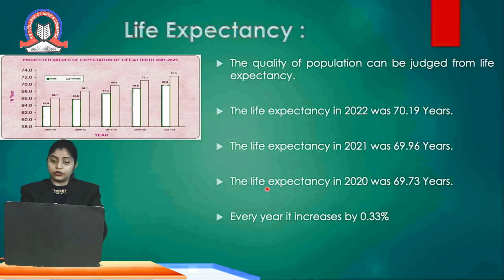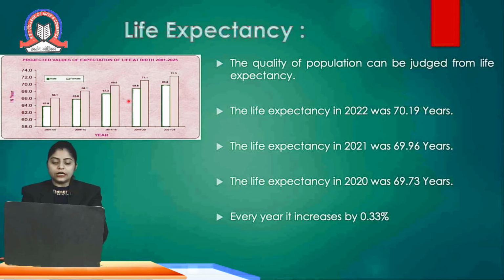Then in 2020 it was 69.73. So every year, from 2020 to 2021 and 2021 to 2022, the life expectancy is increasing by 0.33%.